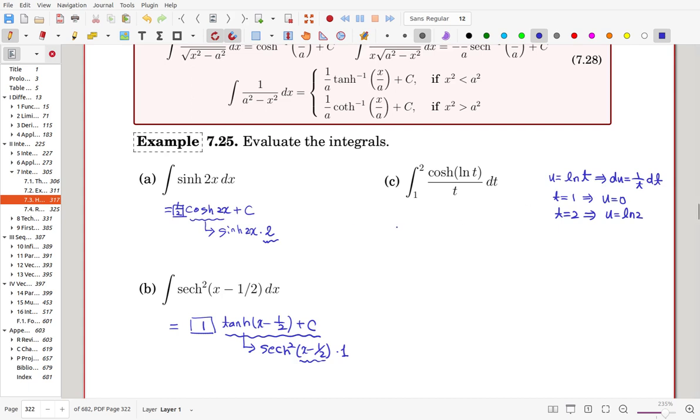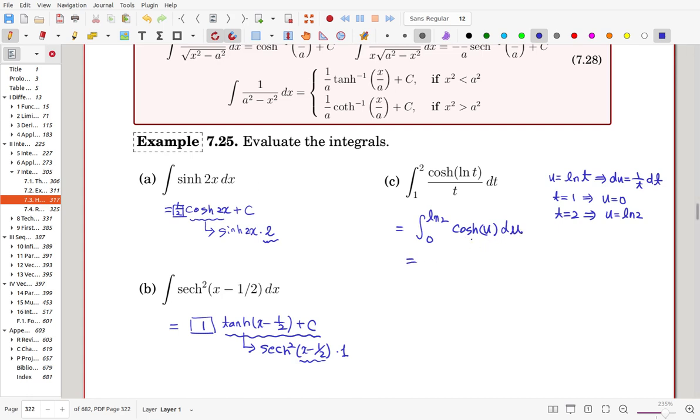So this integral is the same as the integral from 0 to logarithm 2 of cosine hyperbolic of u, since rather than logarithm t we use u, and 1 over t dt is the same as du.